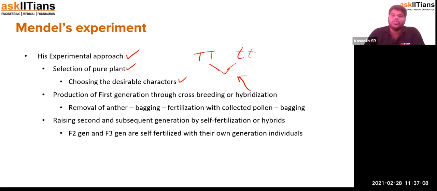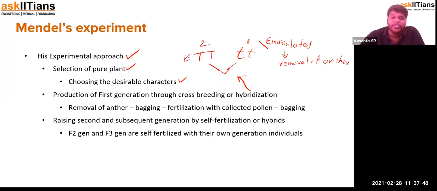So how did he actually manage to do that? There are two different flowers, flower 1 and flower 2. In flower 1, he emasculated. I repeat, emasculated. What is emasculation? Removal of anther. And then in the capital T and capital D plant, he removed the female reproductive part.